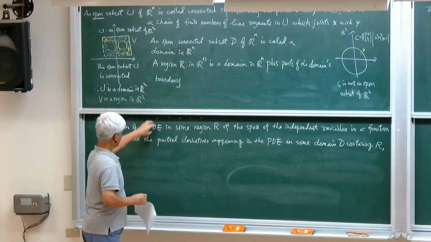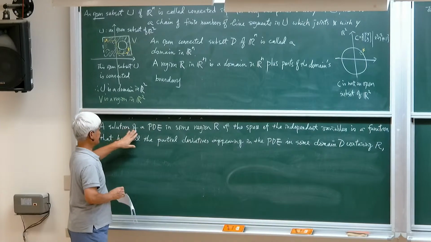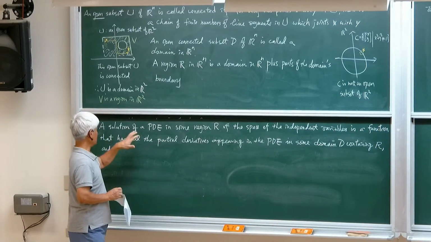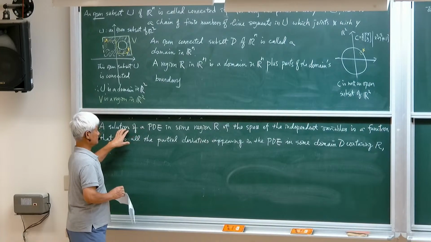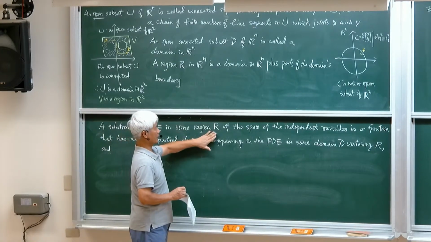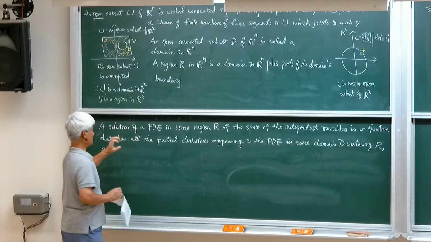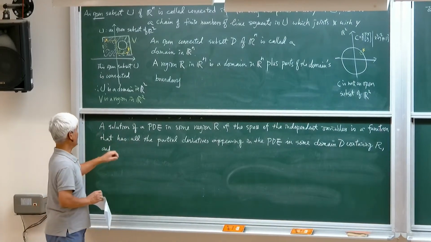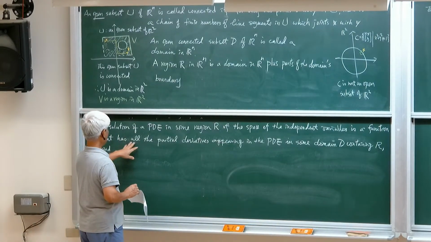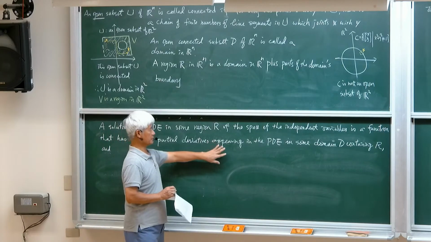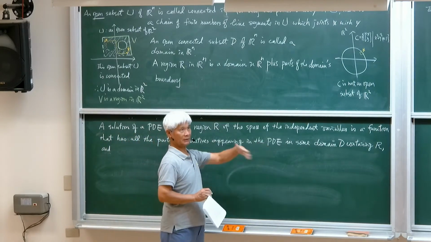So if we look at a PDE and we find a solution in some region R, then this solution must be a function that has all the partial derivatives appearing in the PDE.